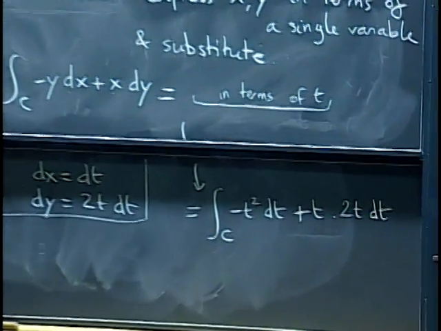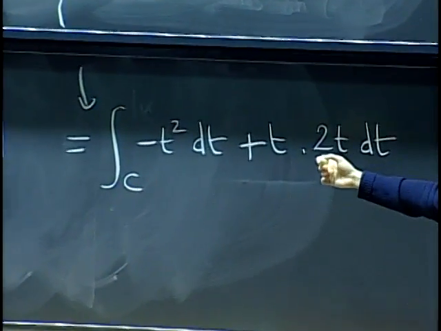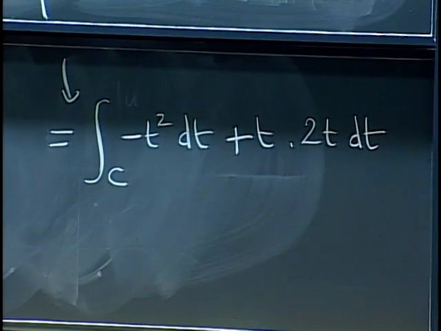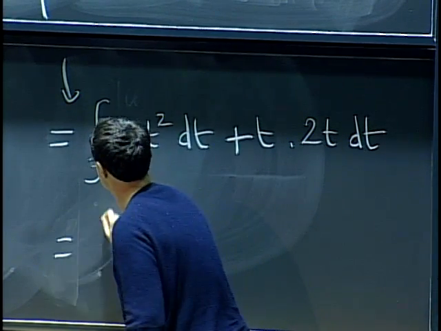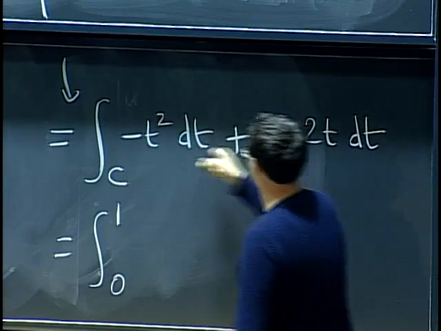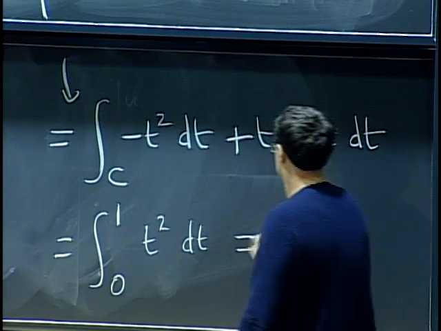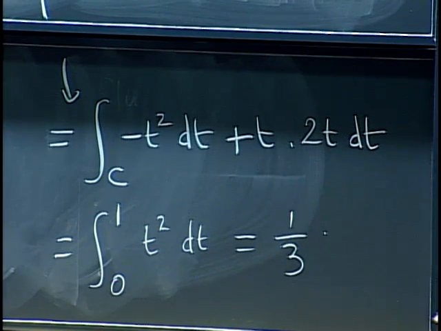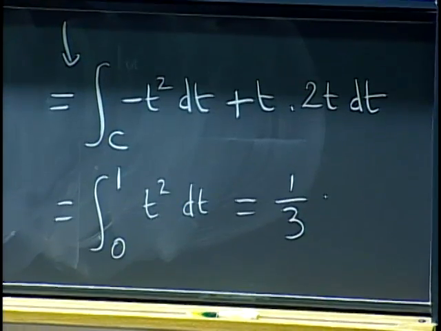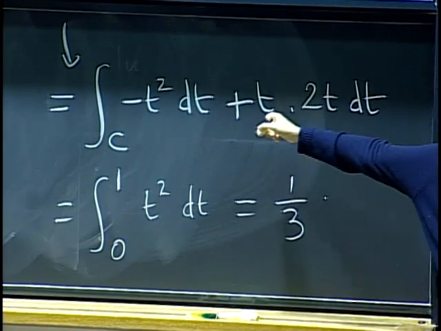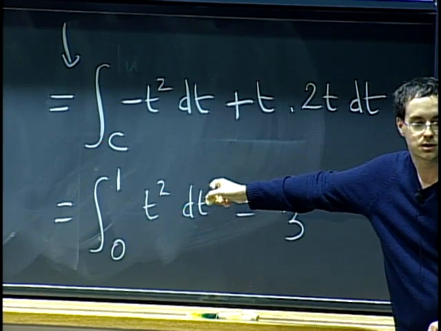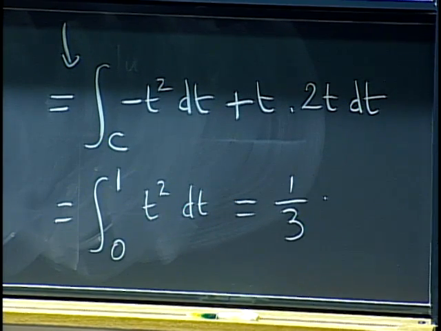And now that I have only t left, it's fine to say I have a usual single variable integral over a variable t that goes from 0 to 1. So this is the integral from 0 to 1 of that stuff. I can simplify a bit: I have negative t squared, and then plus 2t squared, so I end up with positive t squared dt, and I can compute it. Okay, it's the same as up there.